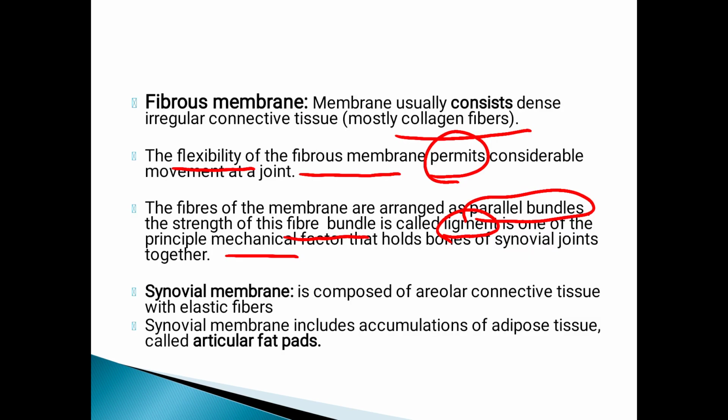It is composed of areolar connective tissue with elastic fibers. The synovial membrane includes accumulations of adipose tissue called articular pads. An example of this is the articular pads in the knee.